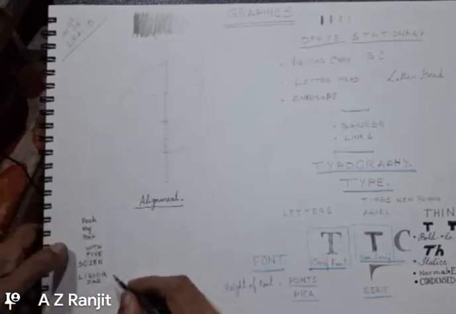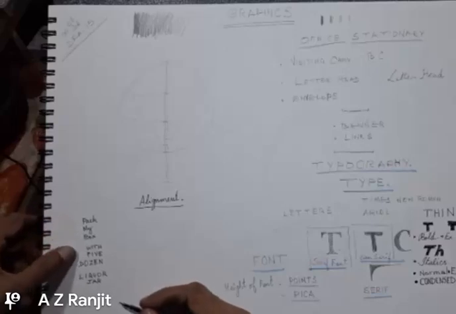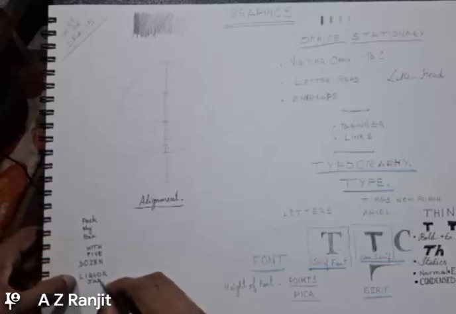This is right alignment. Pack my box with 5 dozen liquor jugs, I think, not jars, liquor jugs. No, the alignment went wrong. I thought 3 letters. Let me just cut it off and then write.